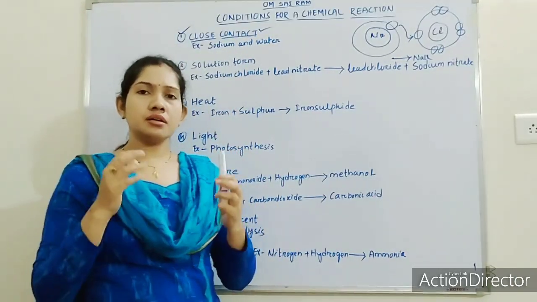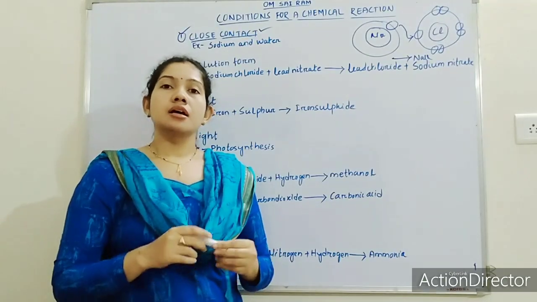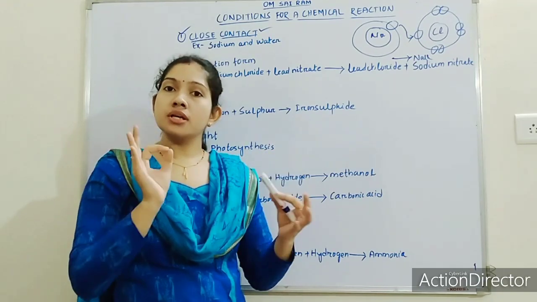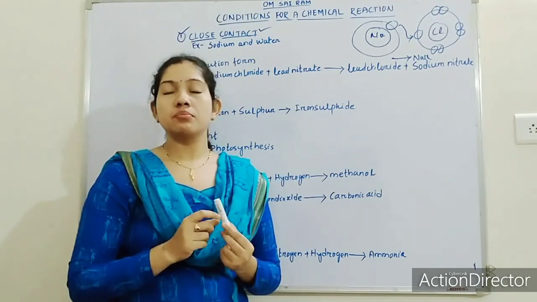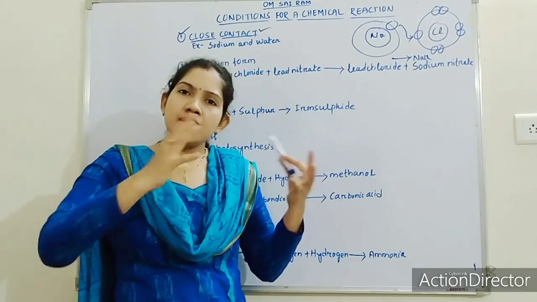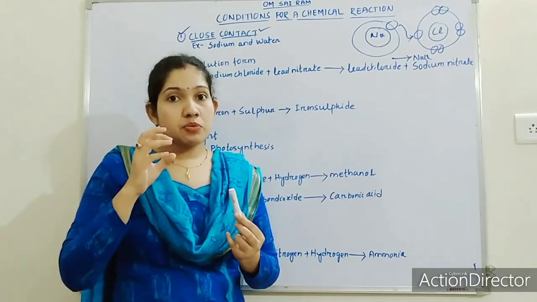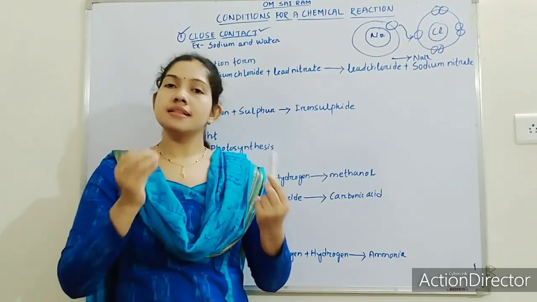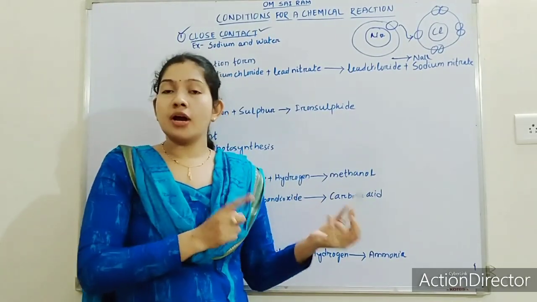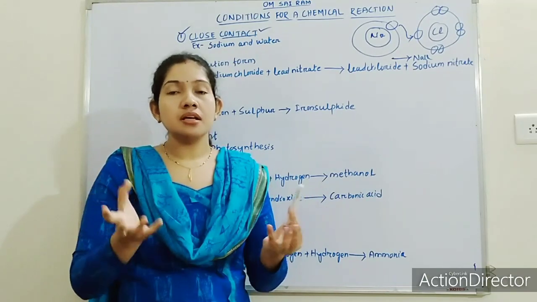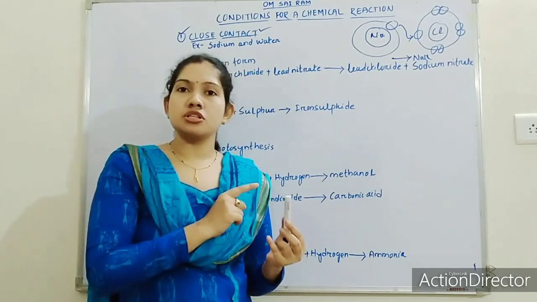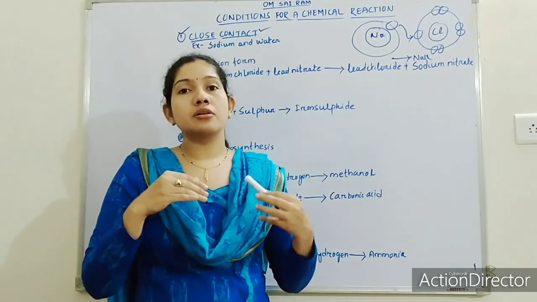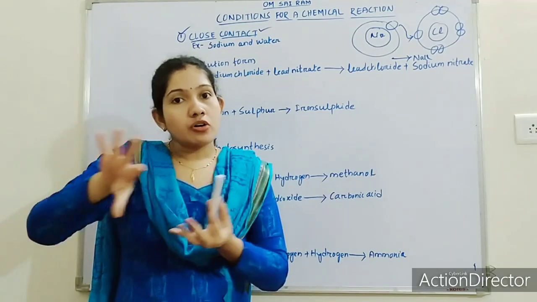In the laboratory, sodium is kept inside kerosene because sodium reacts very vigorously with water. It produces a burning effect, it produces a blasting effect. That's why in laboratories, to avoid this explosion, sodium is kept inside kerosene so that it cannot come in contact with water.